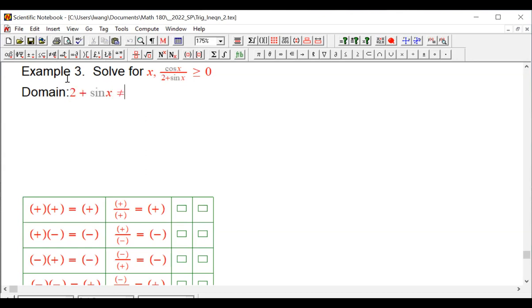Well, sine x is never going to be larger than 1. So 2 plus sine x is always positive.